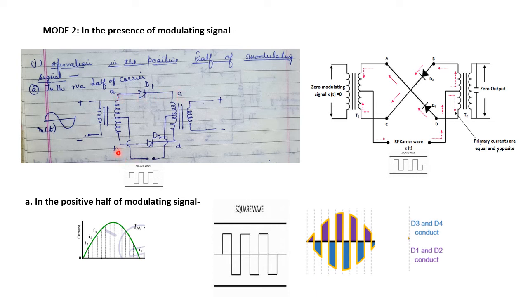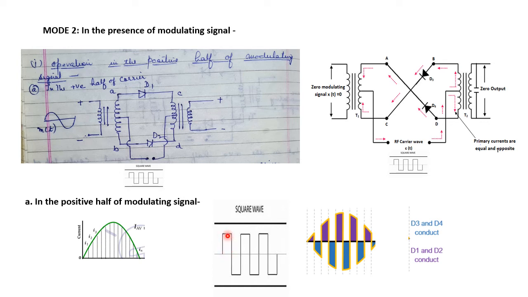Similar is the case for the point B and the point D, because diode D2 is in the conducting mode, therefore whatever potential is present at the point B will be directly transferred to the point D. Or in other words, this is the case for the positive cycle of the square wave or the carrier wave.